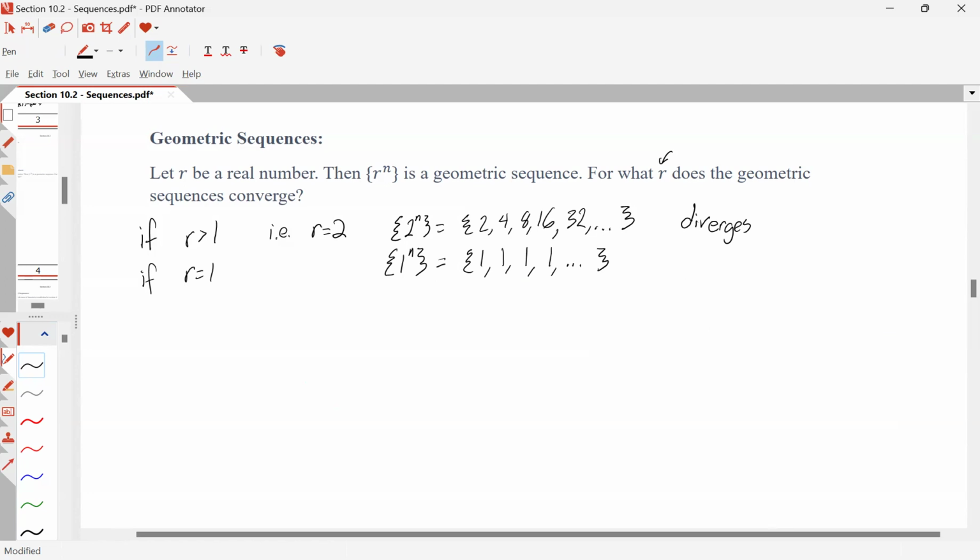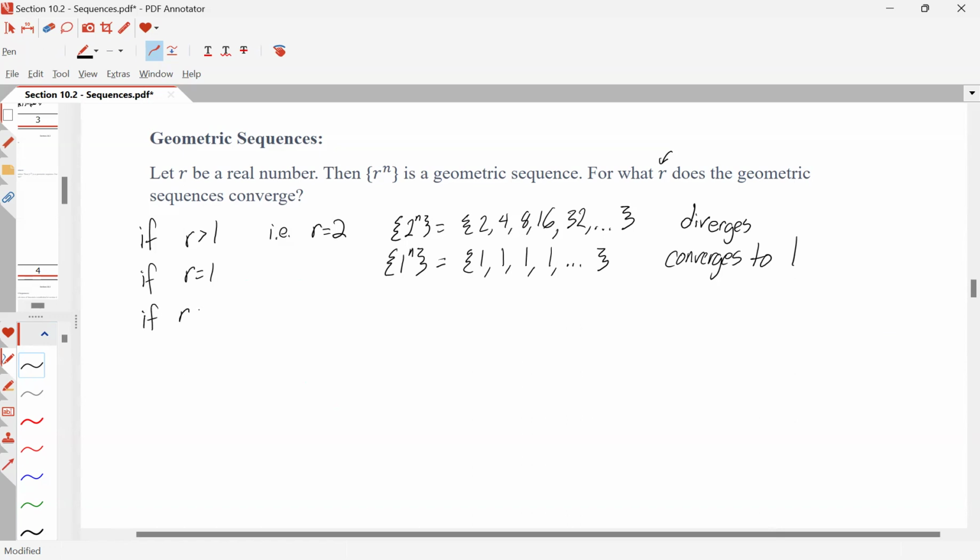The idea of limits is that eventually our sequence gets really close to a number. In this case, it started really close to a number and stays there. This sequence converges to 1 because it has gotten really close to a number, 1, and it has stayed there.